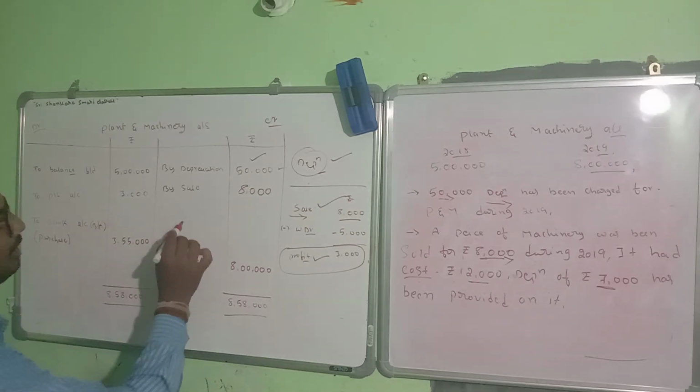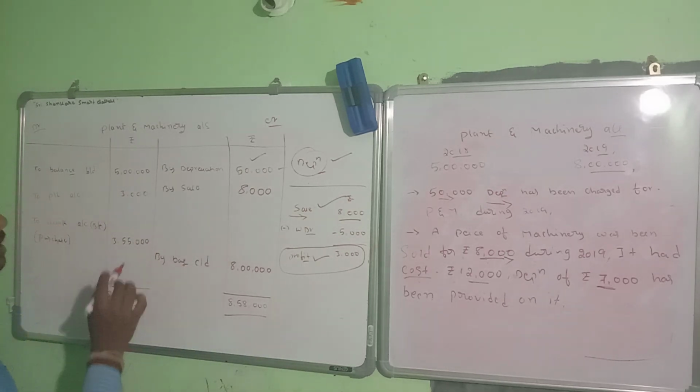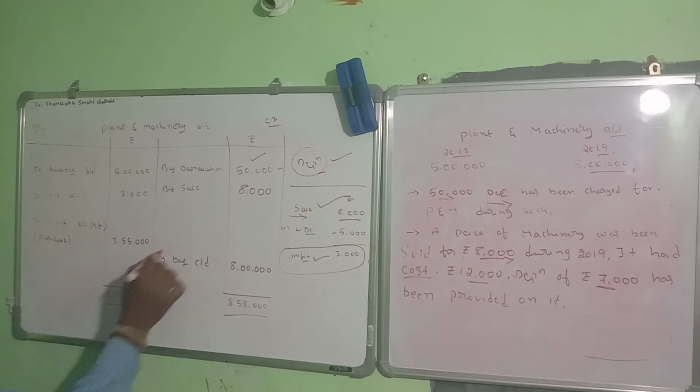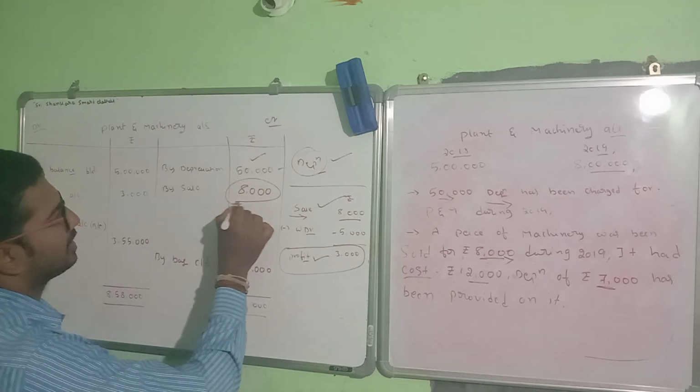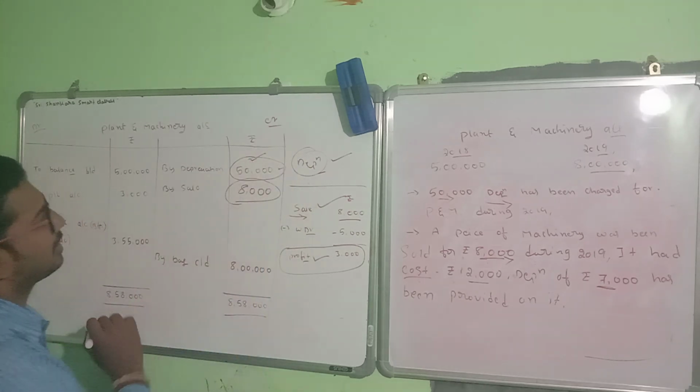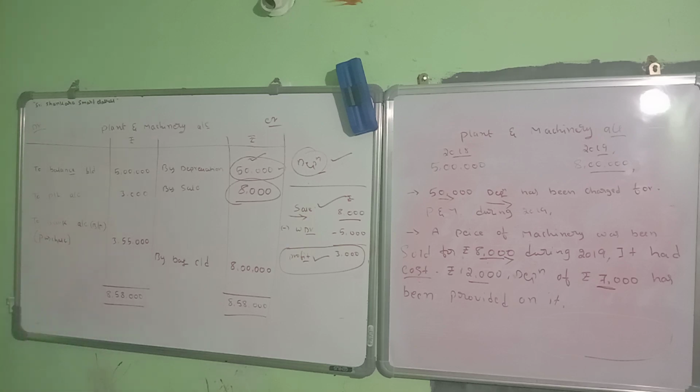Then sales. Sale relates to a non-current asset, so you should record sales under investing activities because it's an inflow of cash. Depreciation is recorded under operating activities, a non-cash expense added back to the net profit.